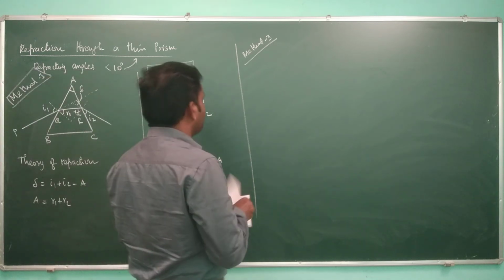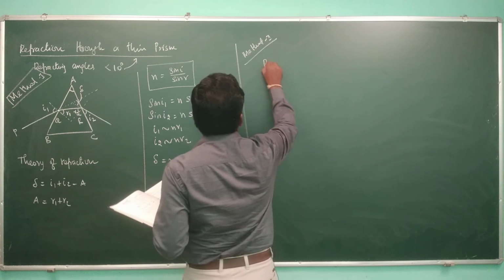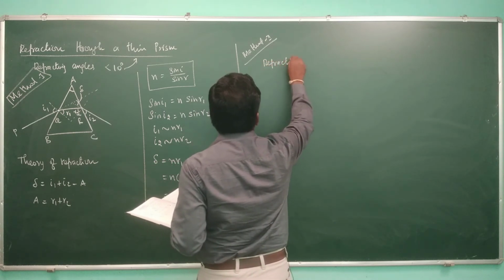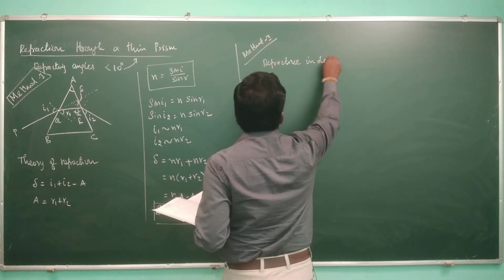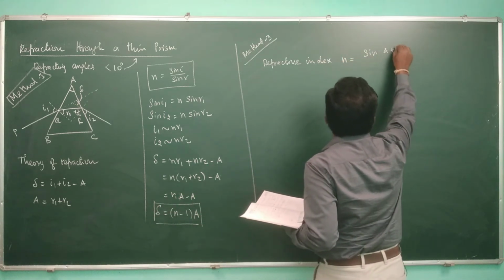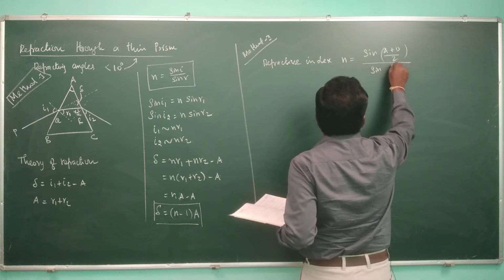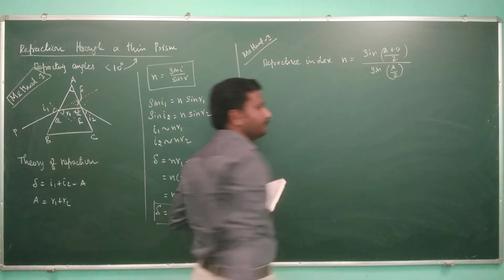Right? For a prism, we have the equation for refractive index n, which is equal to sin((A plus D) by 2) divided by sin(A by 2).